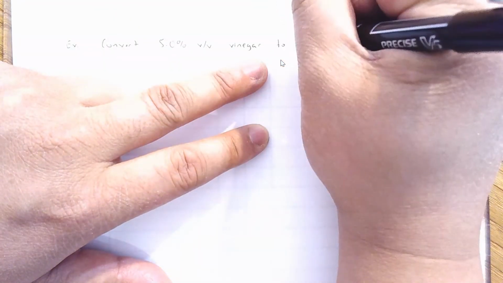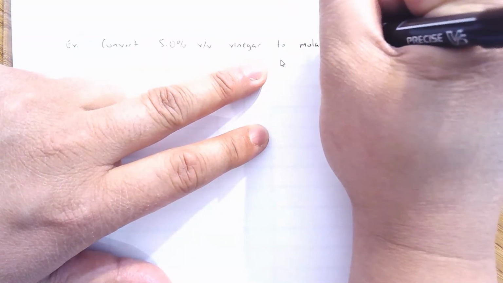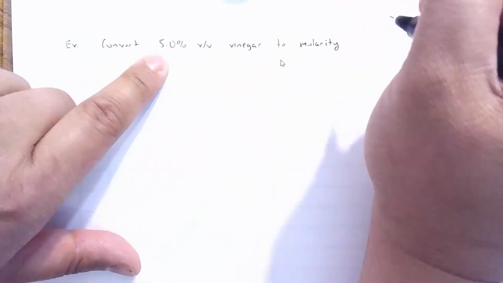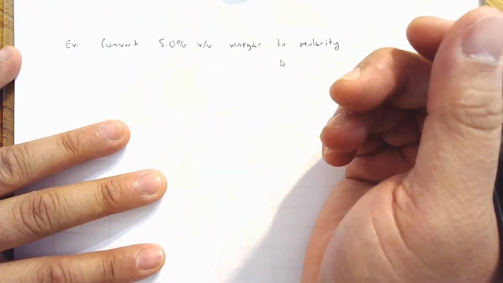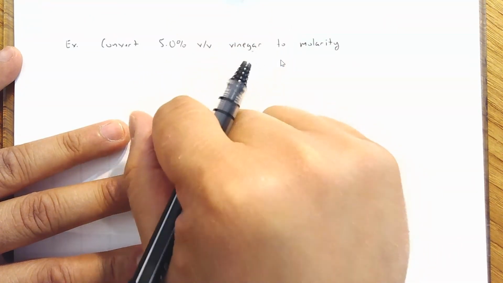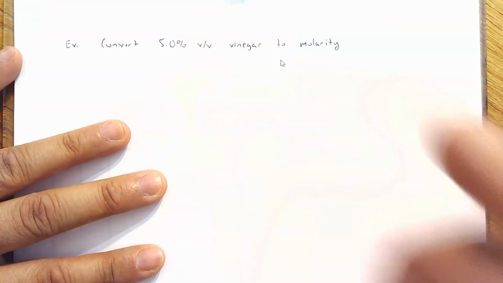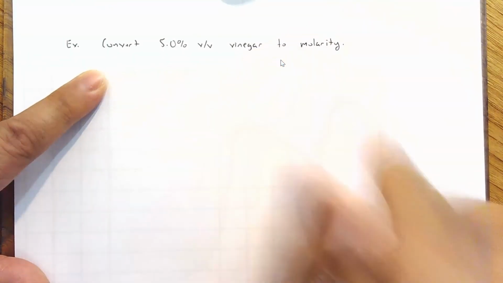Convert it to molarity. Now I could have asked you to convert it to molality or even percent gram to gram. We could do that because we know the weight of water if we know the volume, right? 1 milliliter of water equals 1 gram. But anyway, this is the instructions.